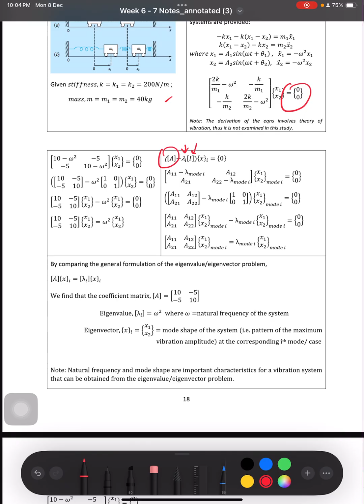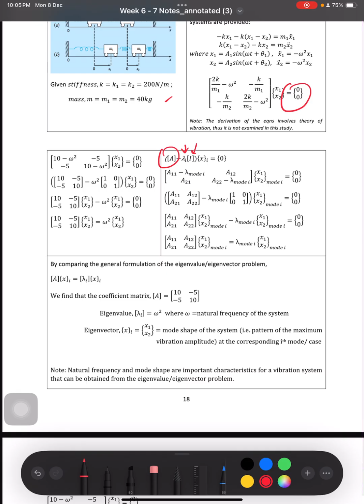By comparing the general formulation of the eigenvalue and eigenvector, that will determine the answer, because your answer won't be an exact value like 2 or 3. It becomes an eigenvector value that belongs to a parameter, another parameter that we can solve.